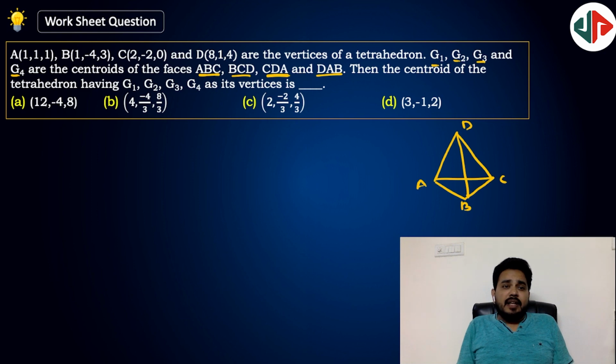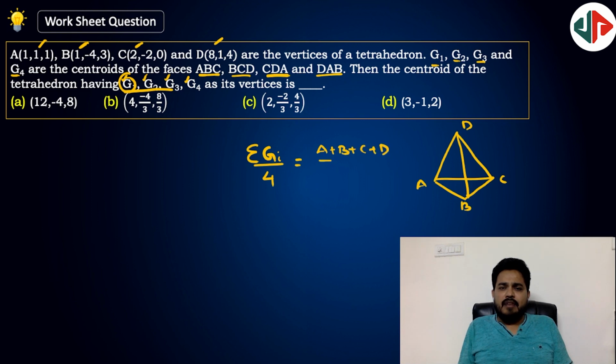Then consider the centroid having G1, G2, G3, G4 as the vertices. So the centroid will be sigma Gi by 4. If you take G1, you will get A plus B plus C by 3, G2 is B plus C plus D by 3. So every time 3 times are coming, and this value is simply the centroid of A, B, C, D directly. So it is nothing but A plus B plus C plus D by 4.